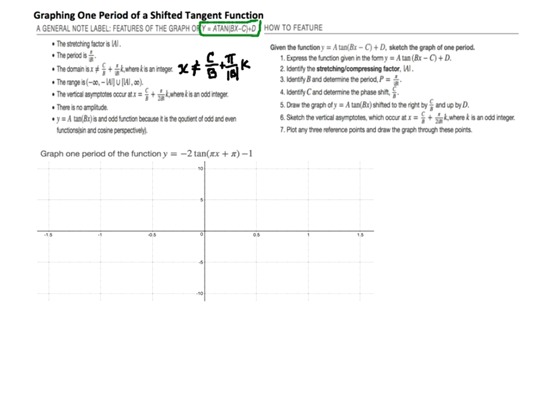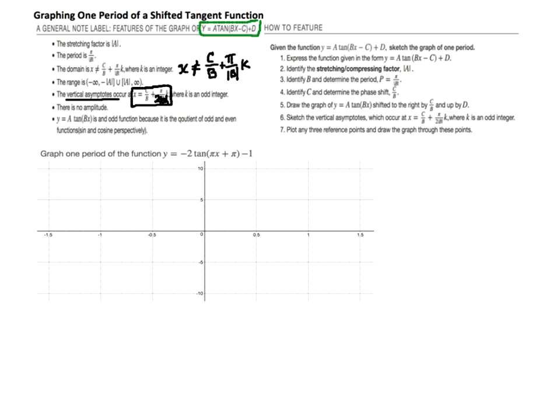The reason the domain is not there is because that is where you're going to have vertical asymptotes. And actually, I take that back. It's 2 times the absolute value of b in the denominator there. I wonder if that is, okay, no, that's where your vertical asymptotes are going to be.